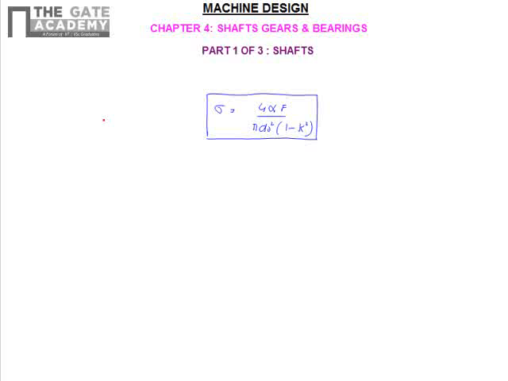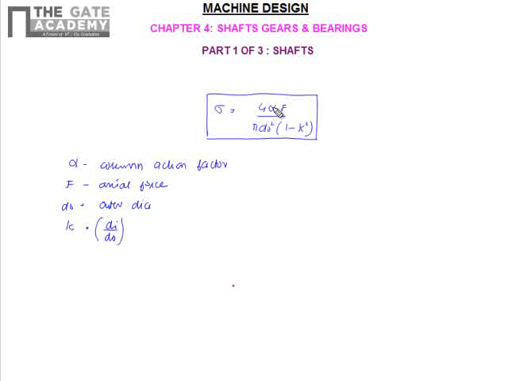Therefore, we have seen that if F is the axial force acting on the shaft, the axial stress is given by 4 alpha F by pi do square into 1 minus k square, where alpha is the column action factor, and F is the axial force acting on the shaft. It will be compressive here, and do is the outer diameter of the shaft, and k is the ratio of the inner diameter to outer diameter.